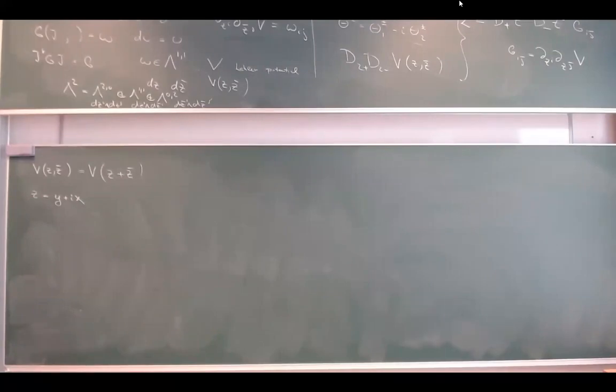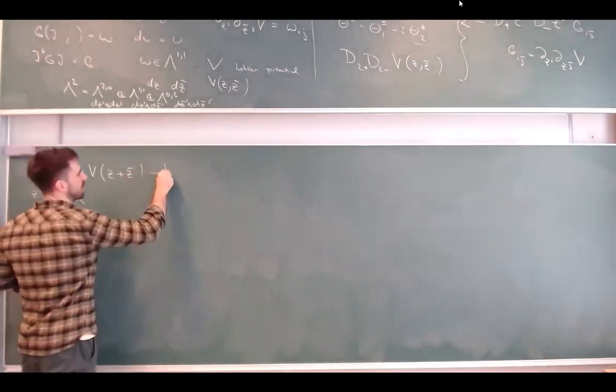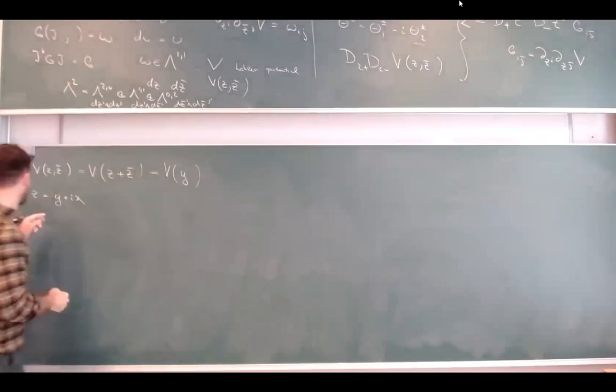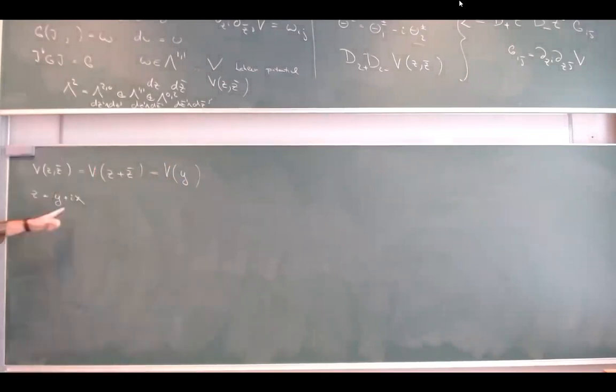The reason it's not entirely stupid is that this way V depends only on Y, and it's customary to use X for the isometric direction in the literature. So sorry about that. So then V just depends on the real part of Z. It has no X dependence.